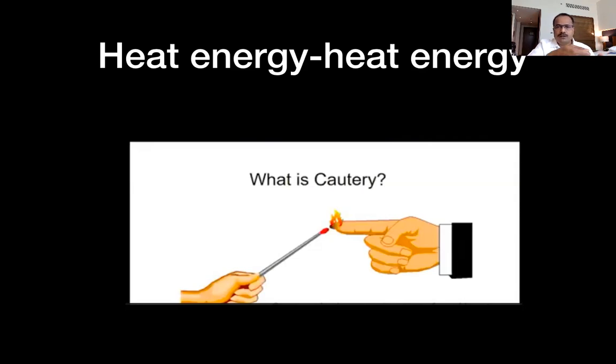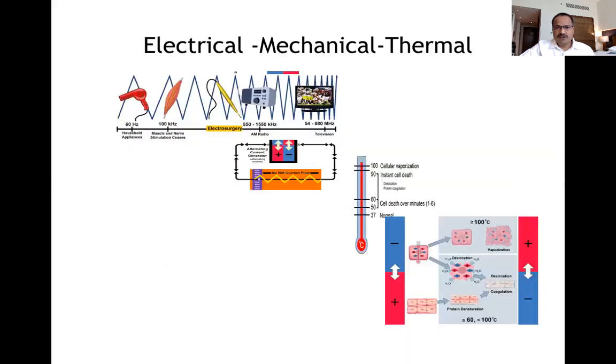Same way in electrosurgery, you are taking electrical energy, converting it into mechanical energy, oscillations. Because of the severe oscillations, friction increases, then you convert it into heat energy. Lot of people get confused saying that the instruments are very hot at the end, and then why you are saying that this is not like a cautery.